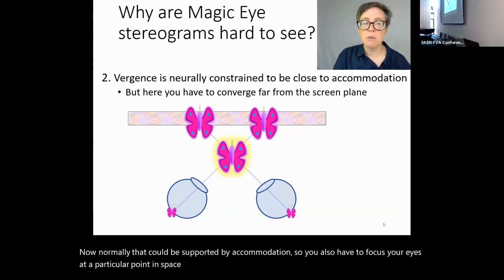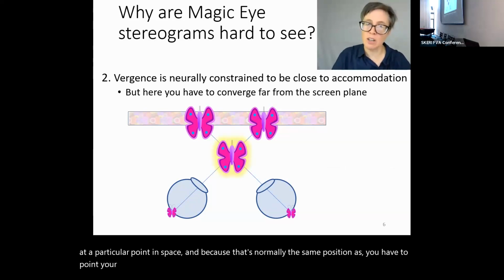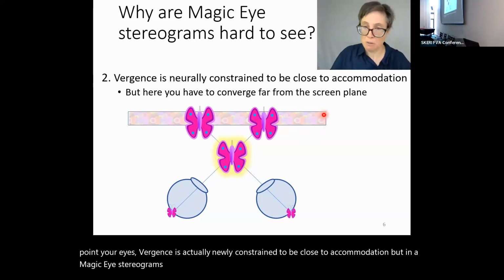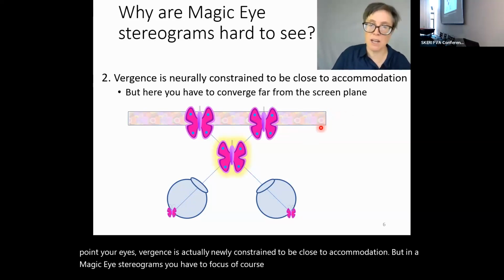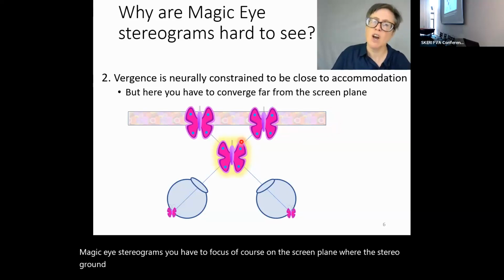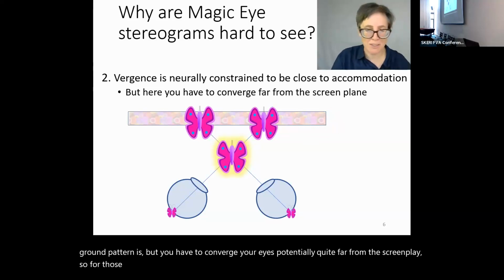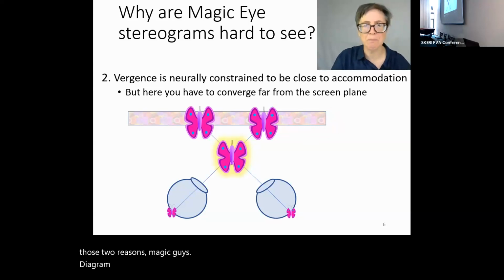And because that's normally the same position as you have to point your eyes, vergence is actually neurally constrained to be close to accommodation. But in a magic eye stereogram, you have to focus, of course, on the screen plane where the stereogram pattern is, but you have to converge your eyes potentially quite far from the screen plane. So for those two reasons, magic eye stereograms are hard.